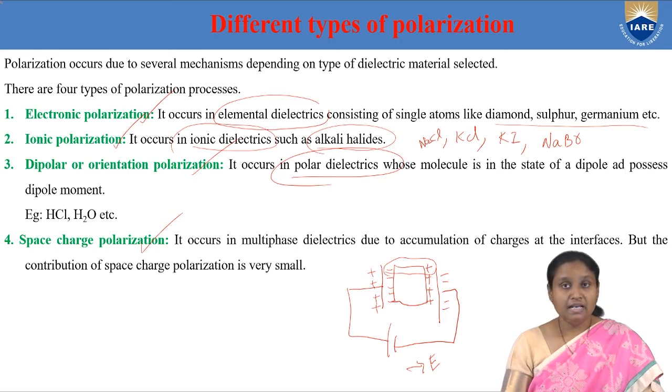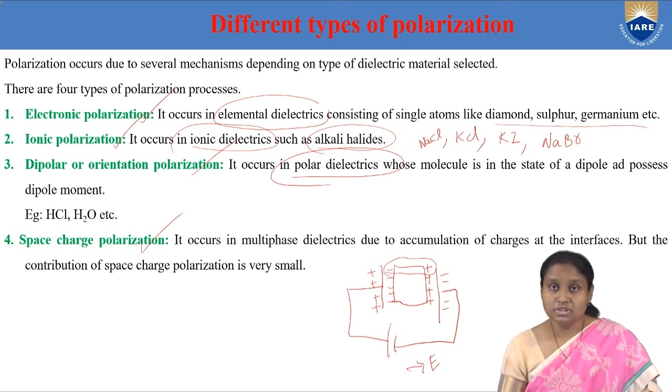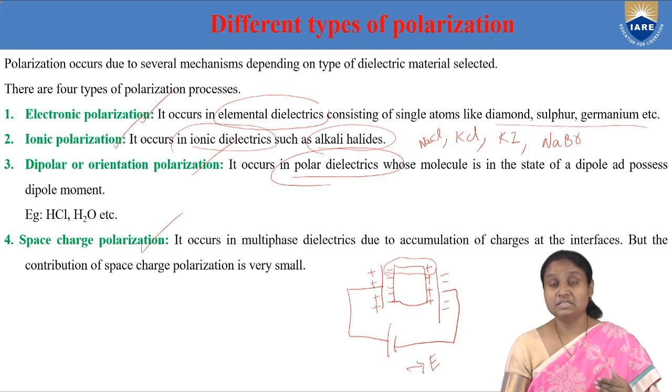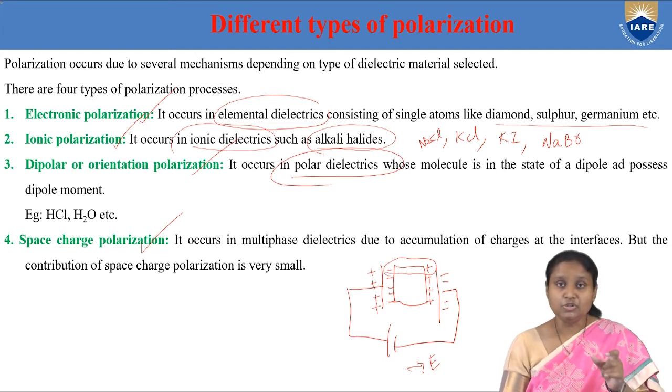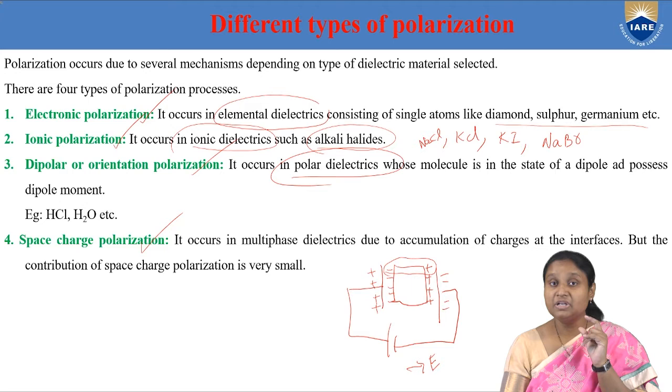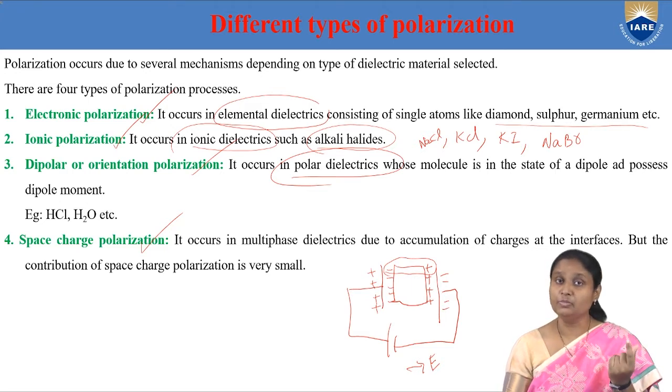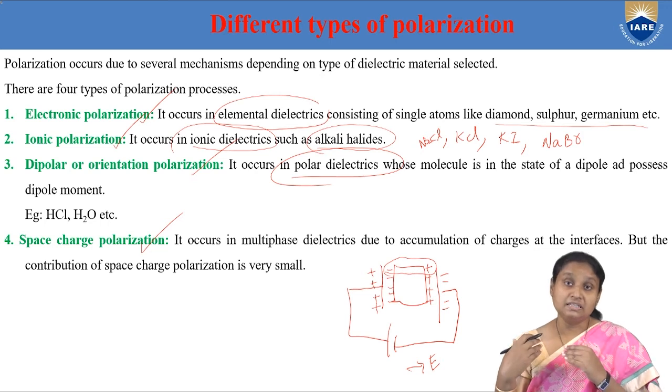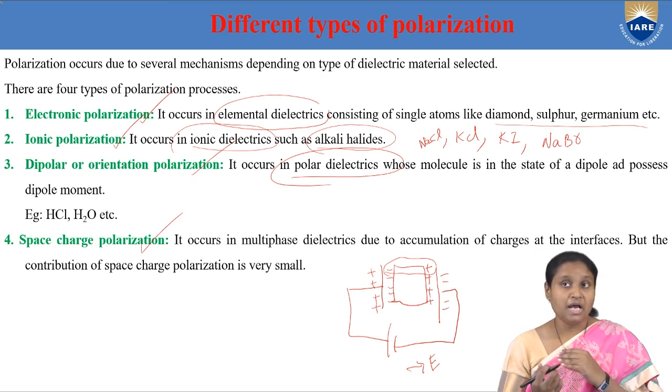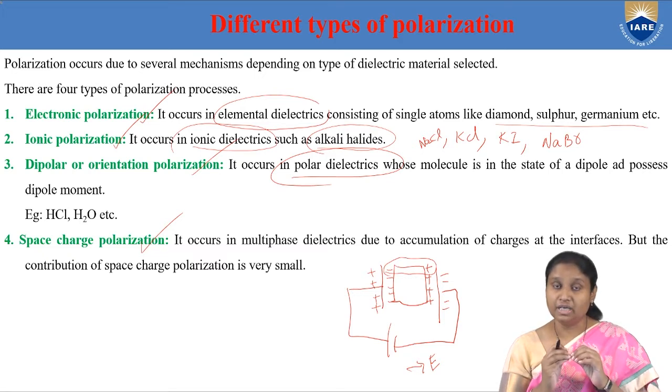In polar dielectrics like hydrogen chloride or water, even if we don't apply an external electric field, each molecule, which consists of dissimilar atoms or polyatoms, has one atom acting as the positive end of the dipole and the other atom as the negative end. But even though each molecule is a dipole, when we go from one molecule to another, the direction of orientation of the dipole will be different. So our net dipole moment will be 0.